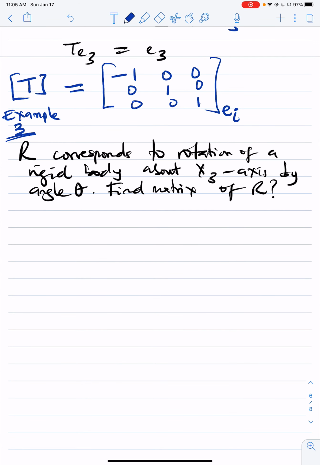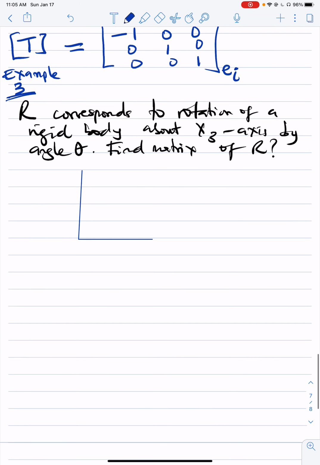So let's do this. You can still take this to be the third, x3, x1, x2. So R corresponds to rotation of a rigid body about the x3 axis, right? Rotation is about this axis by angle theta.